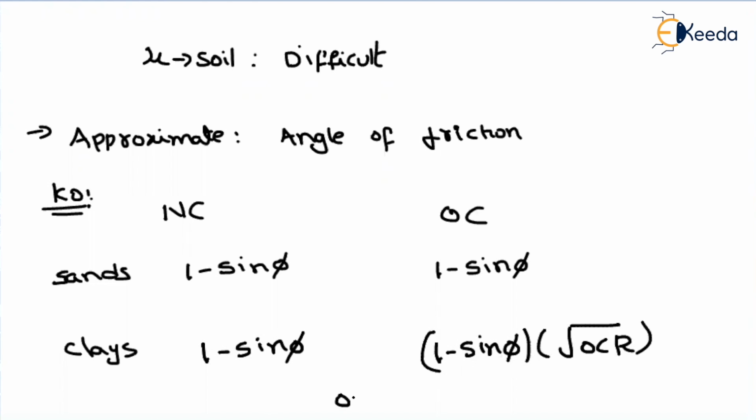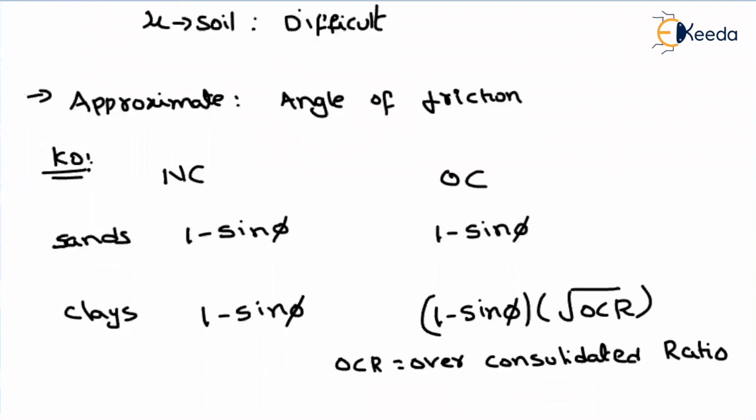Here OCR is nothing but the over consolidated ratio. If they give you a problem saying that it is an over consolidated clay, then definitely they will give you the over consolidated ratio, and also the angle of friction. Based on these two values, we can find out the coefficient of lateral earth pressure.